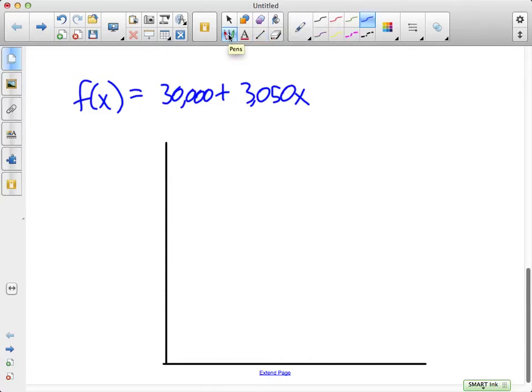So let's go in, I think 10,000 is good here. 10,000, 20,000, 30,000. So there's my y-intercept for this graph. And then it goes up 3,050 every year. I'm just going to find one other point on here. So let's go out to 10 years. 1, 2, 3, 4, 5, 6, 7, 8, 9, 10.